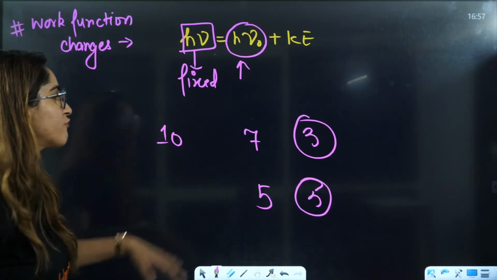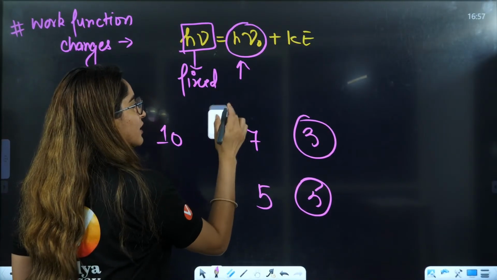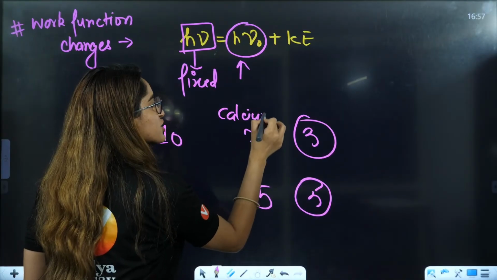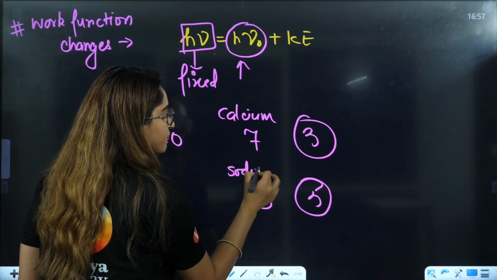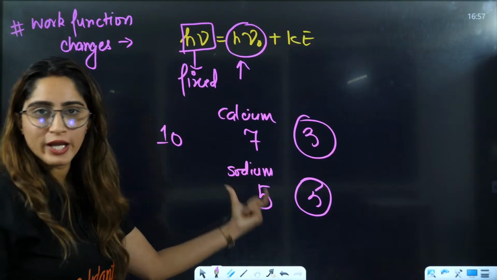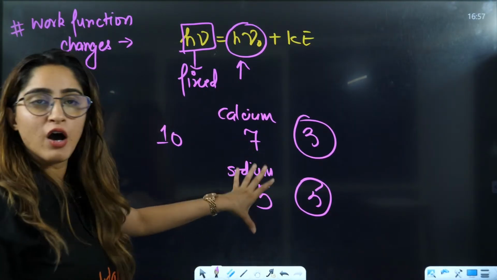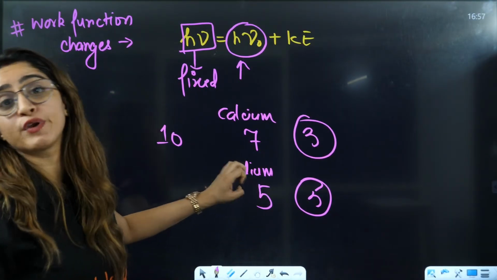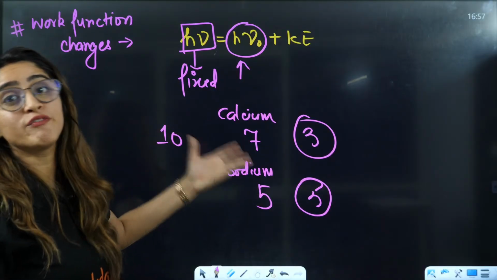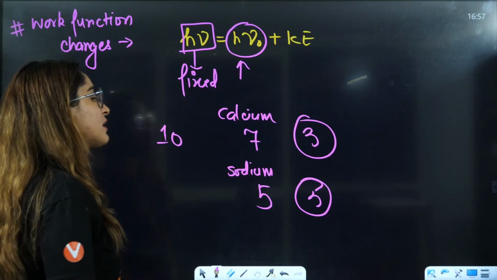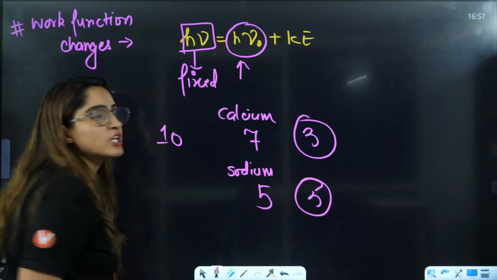For this, the kinetic energy will be 5. That means the work function, let's say this is for calcium, and this is for sodium. That means for sodium, less work function is required, less frequency is needed, more wavelength it has. That is the reason the kinetic energy is more for sodium.